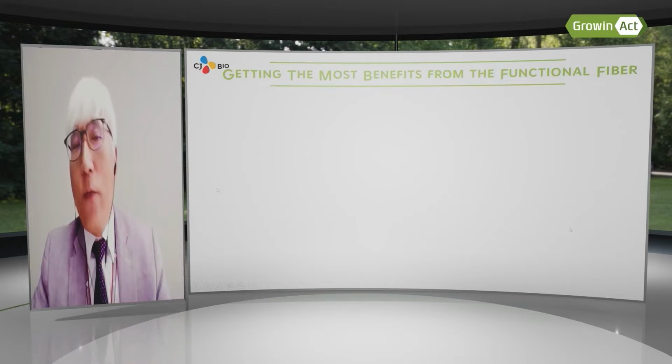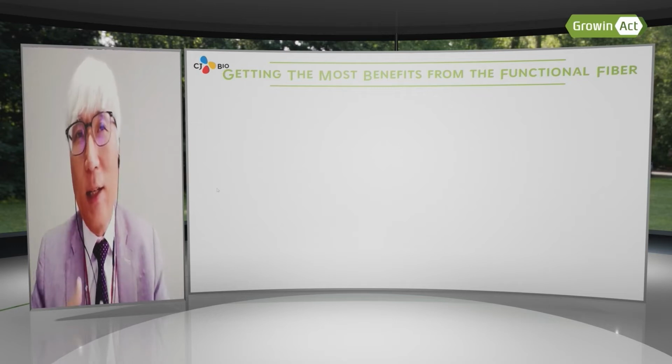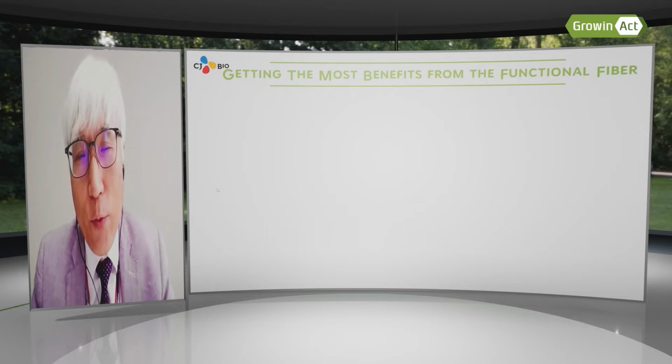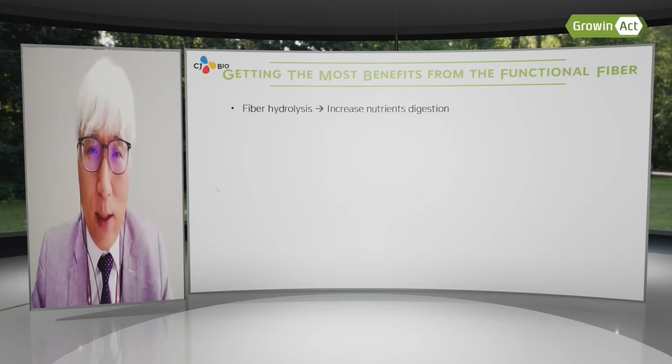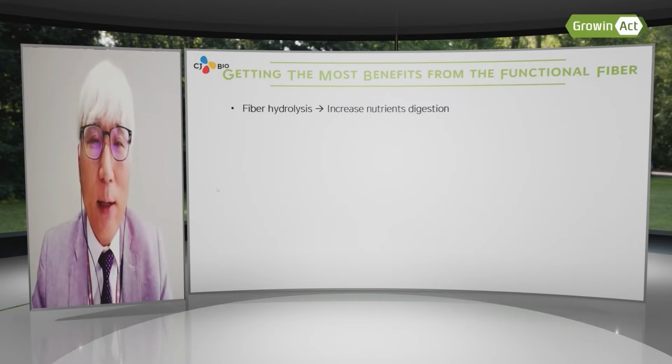So by manipulating or making more utilization or increasing fermentation of this functional fiber fraction, what can we extract from the diet? Firstly, we can increase fiber hydrolysis by using NSP enzymes in the diet.